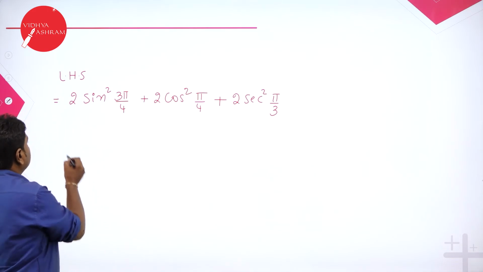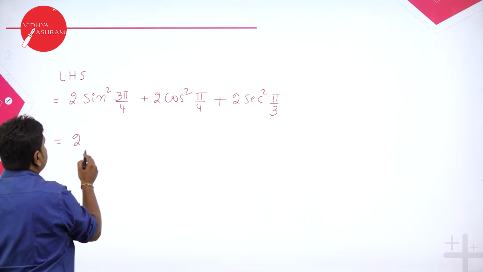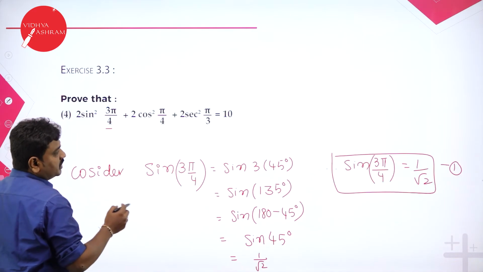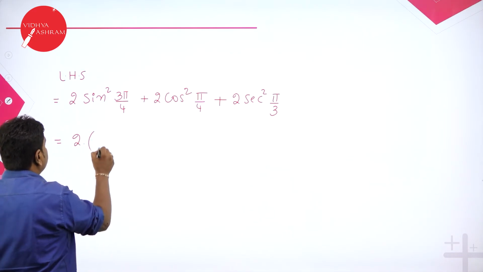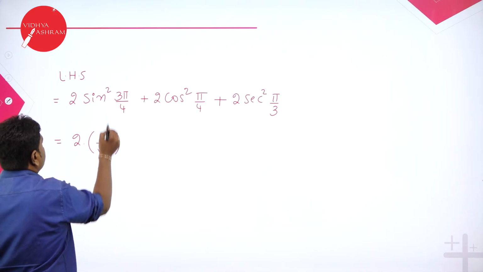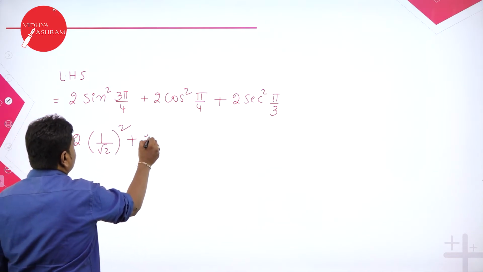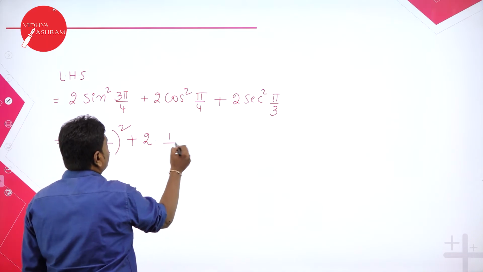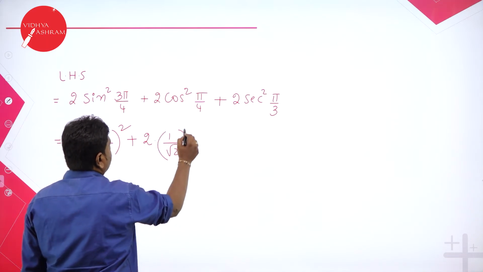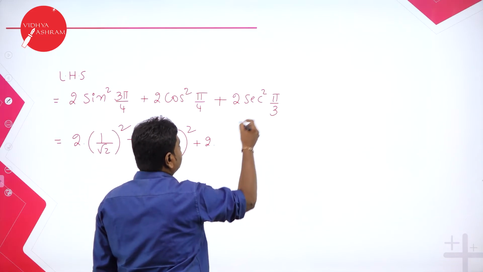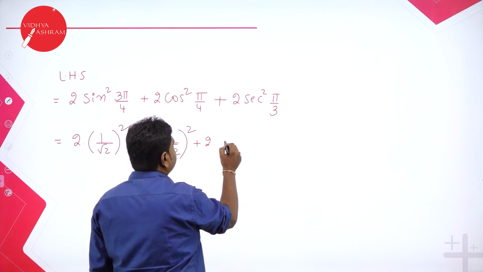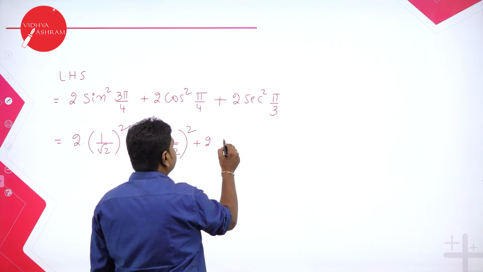So now 2 sin square 3 pi by 4. Sin square 3 pi by 4 is what? Equation 1 says it is 1 by root 2 whole square, plus 2 cos 45. Cos 45 is what? 1 by root 2 whole square, plus 2 secant 60. Secant 60 is the reciprocal of cos 60. Cos 60 is 1 by 2. Secant 60 is 2, square.